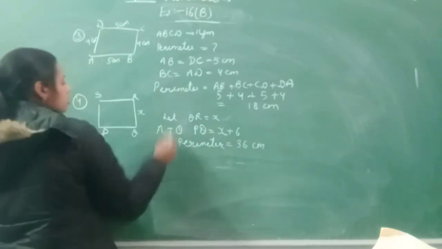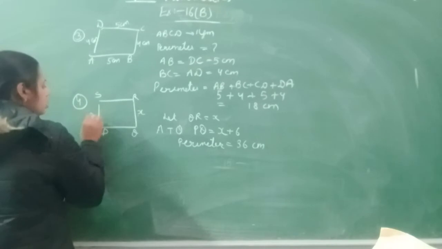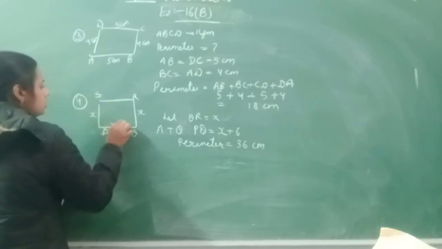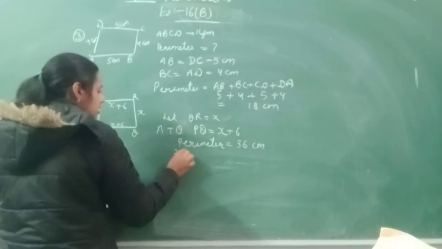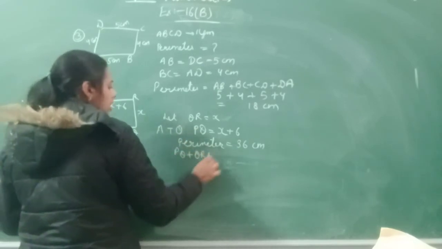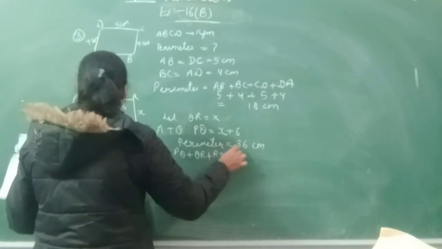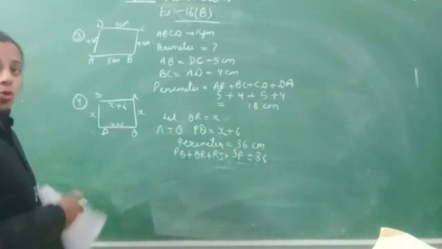According to this question, the perimeter means the sum of all sides. This is X, so this is also X. This is X plus 6, this is also X plus 6. So the sum of all sides, PQ plus QR plus RS plus SP, is equal to 36. Now add all the sides.